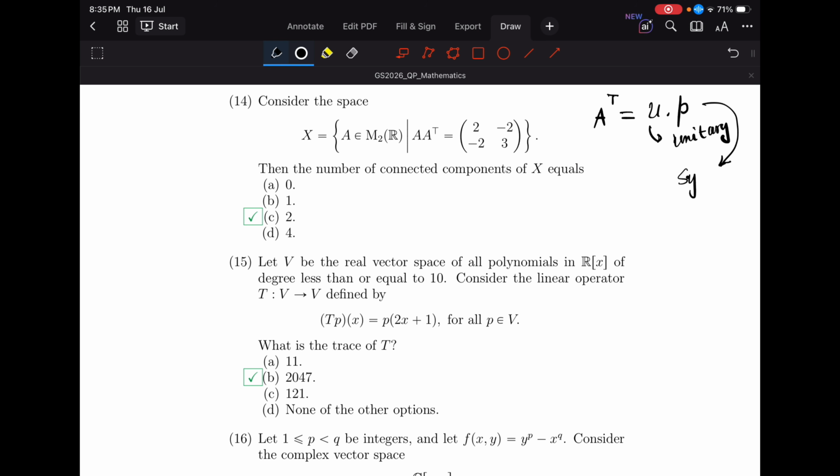So this is symmetric in this case. In the real case P is symmetric.